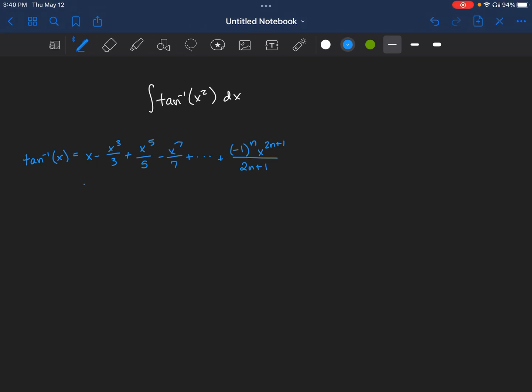So you could also write this as the series, the summation notation of n equals 0 to infinity of negative 1 to the n of x to the 2n plus 1 over 2n plus 1.